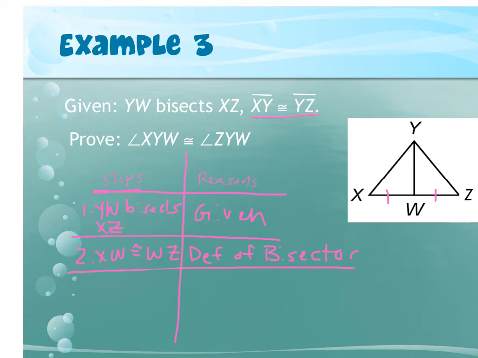We still have one other part of the given to write, so let's write that down next. Step 3 will be XY is congruent to YZ. And what's our reason? Given. Let's put our tick marks here so we know what we're doing. We put 2 tick marks on XY is congruent to YZ.